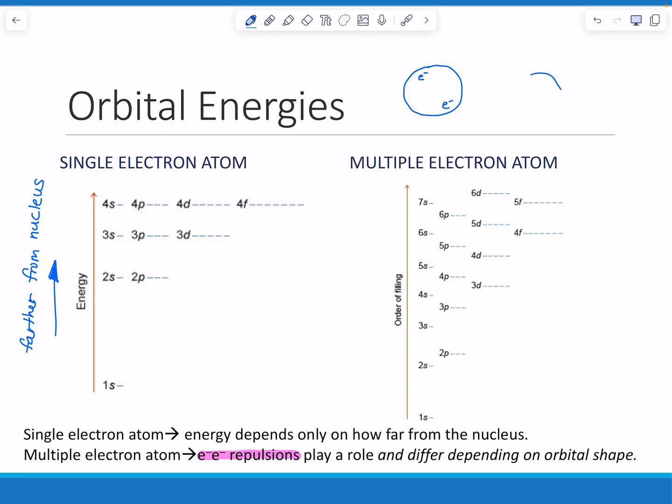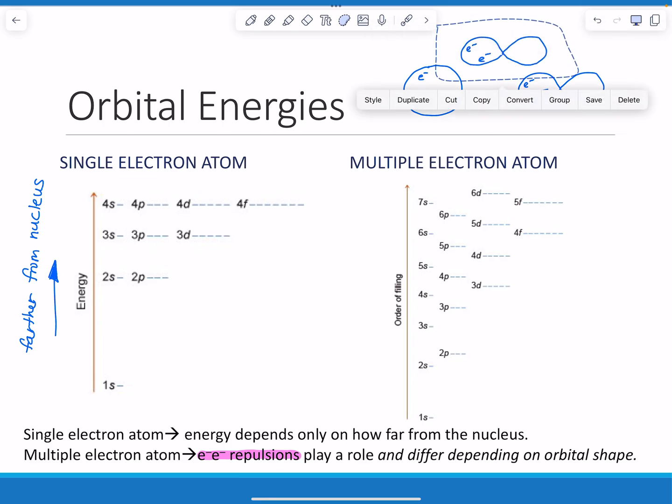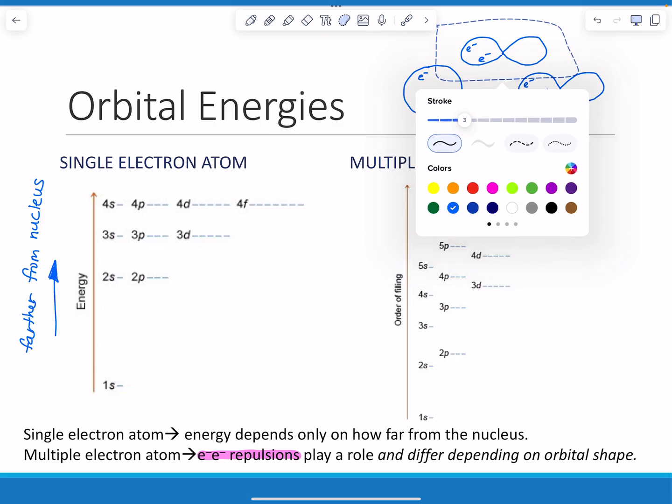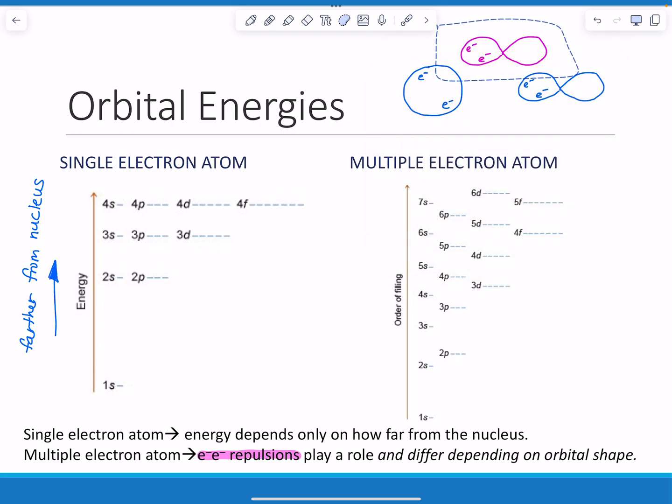If I have a slightly more complicated shape, like a p orbital, I'm going to cheat and copy and paste the same shape. But now I'm going to move this electron so that it's over here.